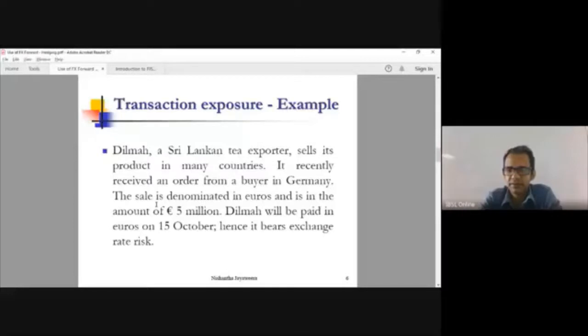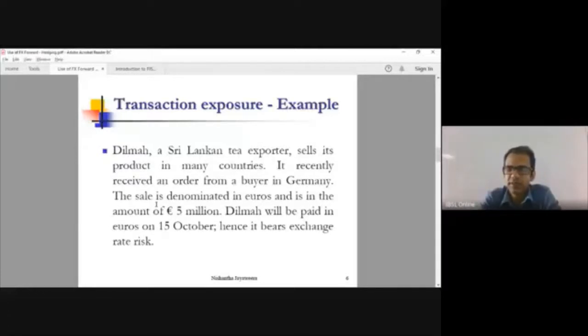What would happen if the euro-rupee exchange rate decreases? That means the rupee appreciates.